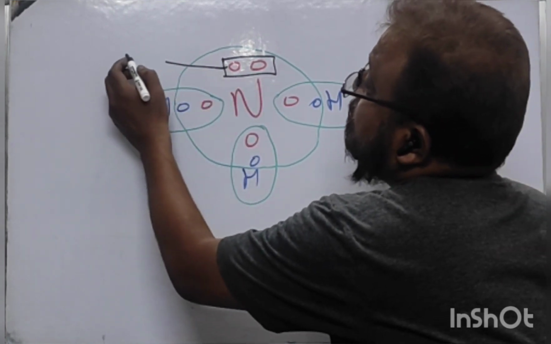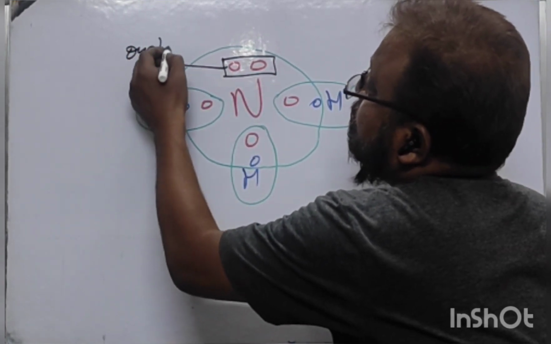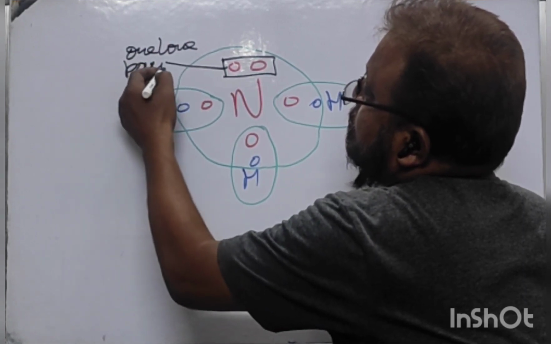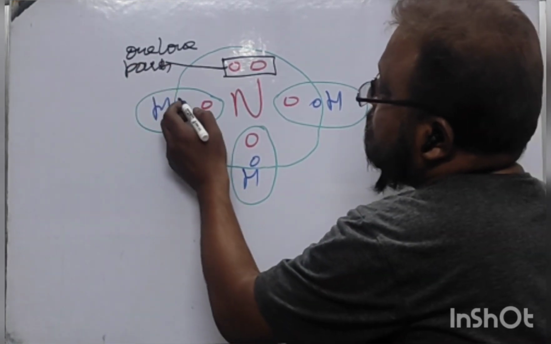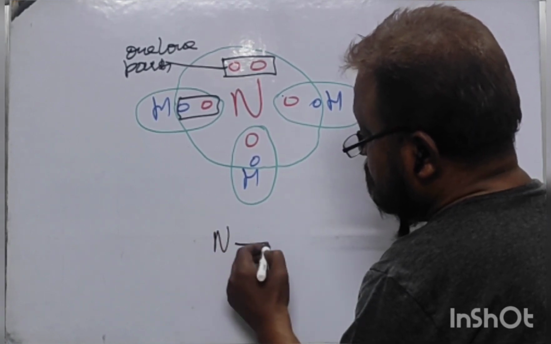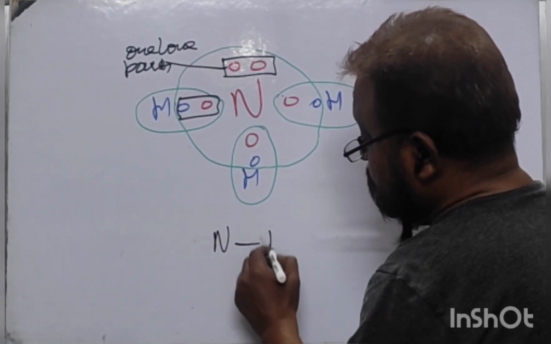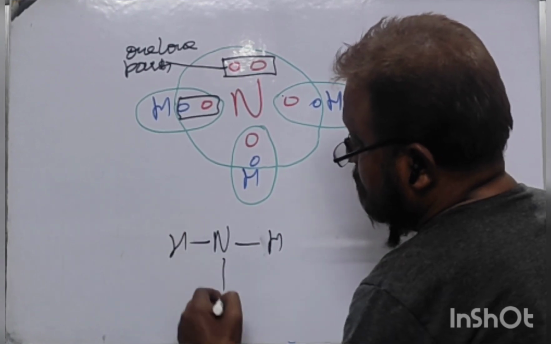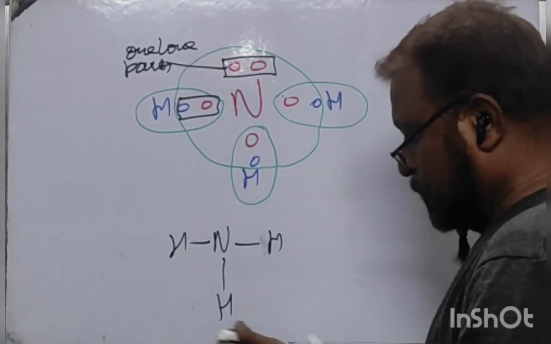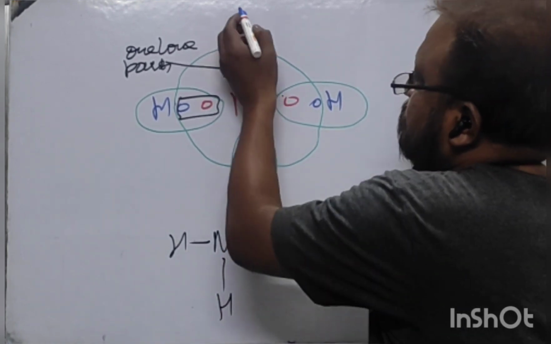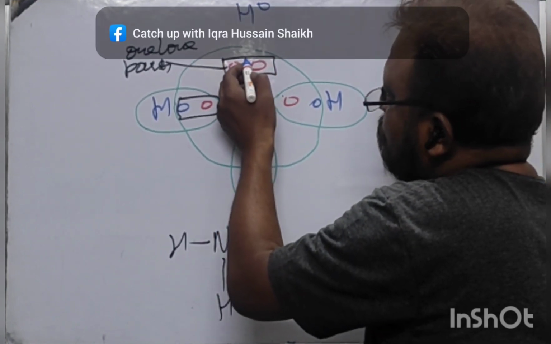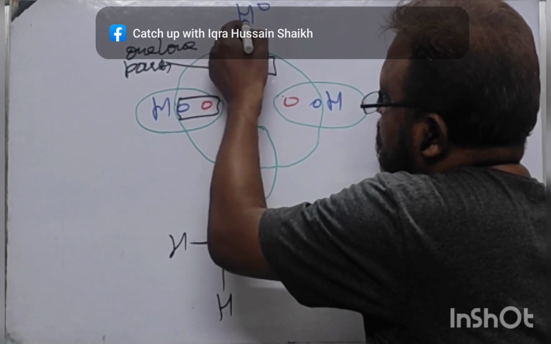So this is a shared electron pair, a single bond like this, nitrogen, hydrogen, hydrogen, hydrogen. Right? And there is one more hydrogen atom attached.